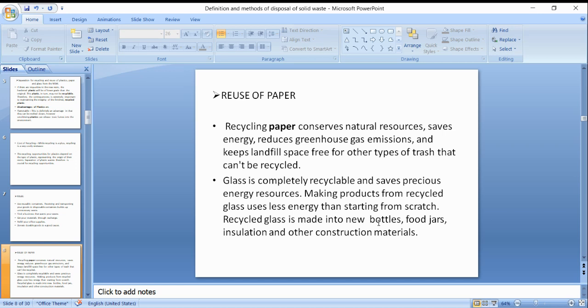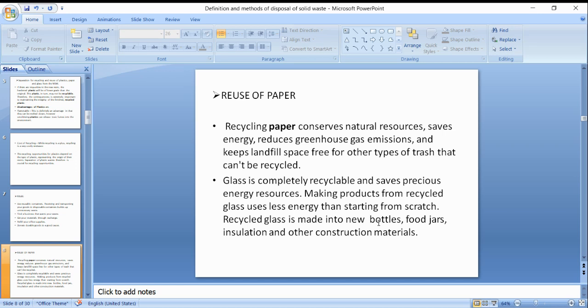So if you leave the space like that, that land can also be reused. So recycling of paper saves natural resources and energy. Instead of cutting trees, we can reuse paper already used, cardboard and all those.